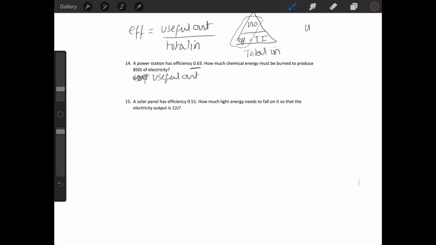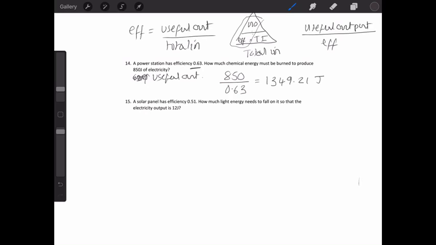We need to do the useful output energy divided by the efficiency to work out the total energy that went in. So the useful energy out is 850 joules divided by the efficiency of 0.63. And that gives us an answer of 1,349.21 joules.